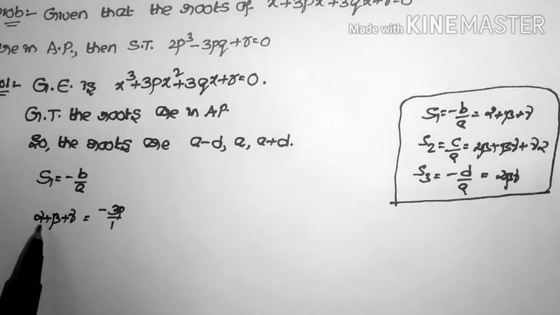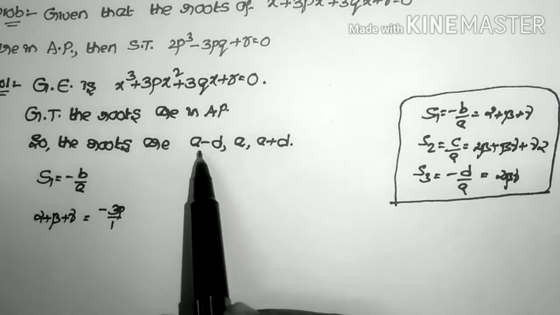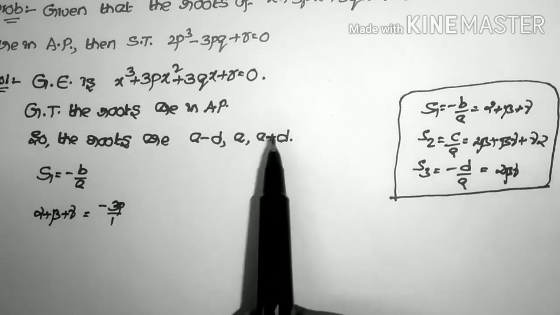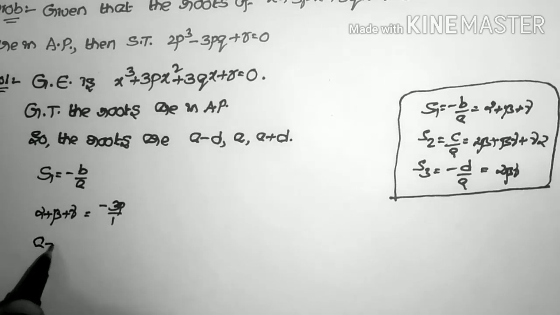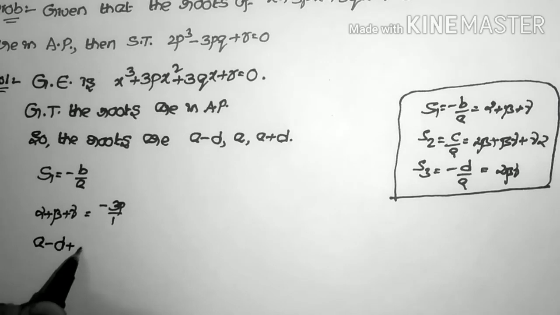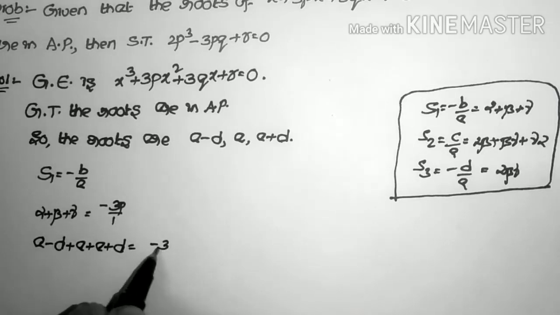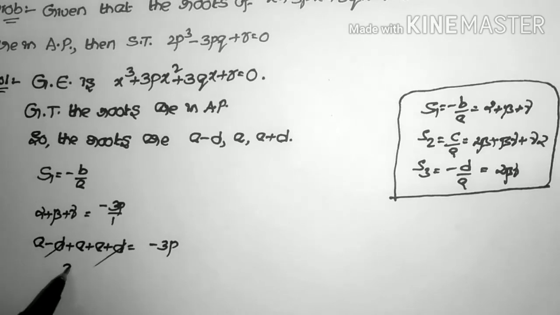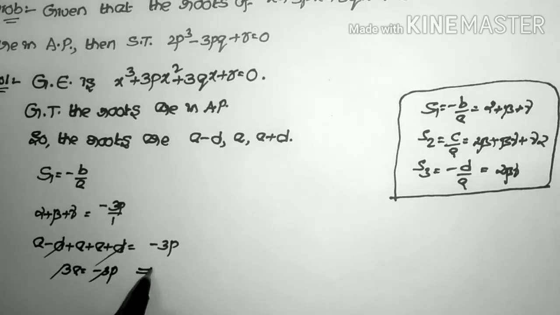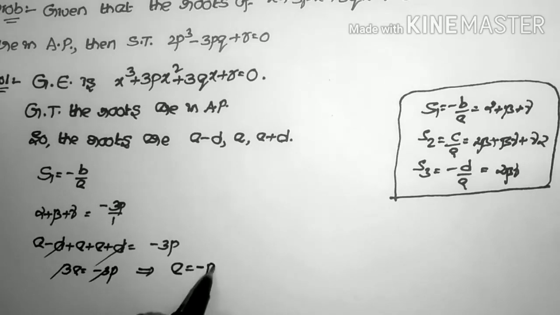Now what are alpha, beta, gamma? Here we take the roots as a minus d, a, a plus d. Now substitute those values. a minus d plus a plus a plus d is equal to minus 3p. That is 3a is equal to minus 3p. That is a is equal to minus p.